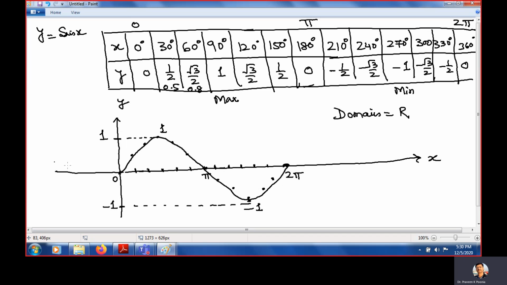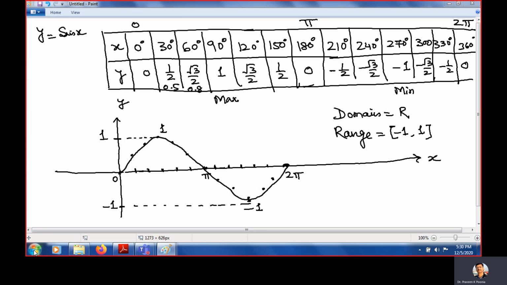If you go for negative, it is defined there also, and on the axis of y it is between minus 1 and 1. So if somebody asks you what is the range of sin x, it is minus 1 to 1, and this is a closed interval because minus 1 is also included and plus 1 is also included.